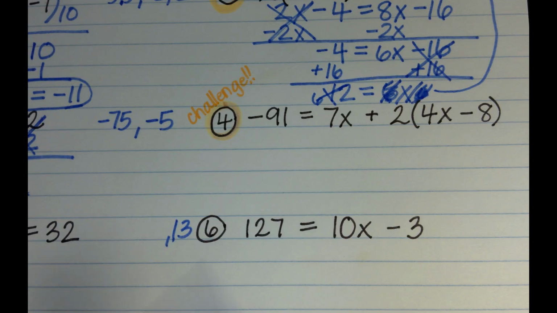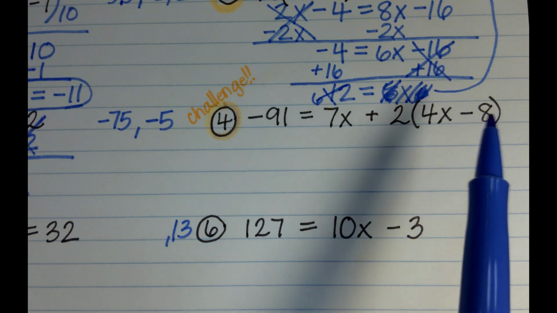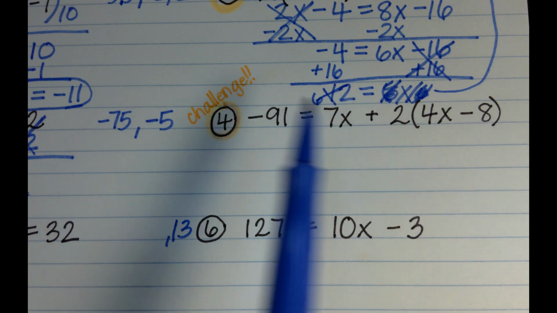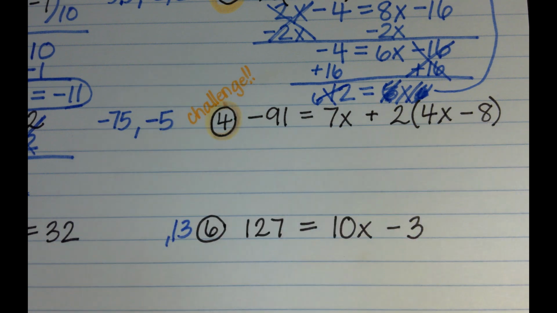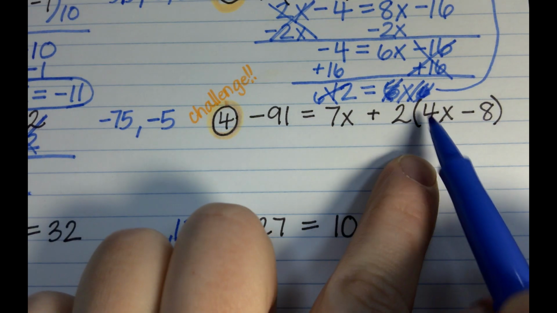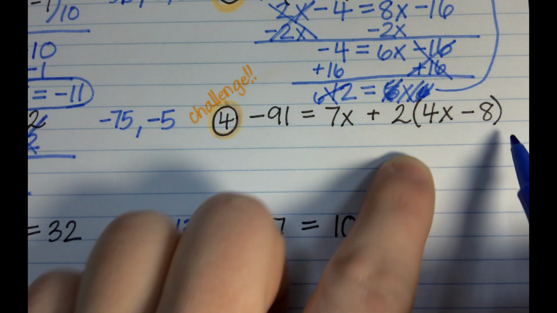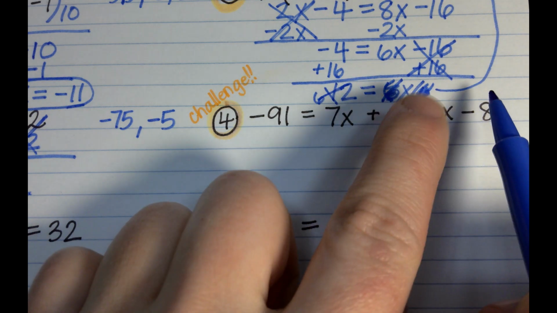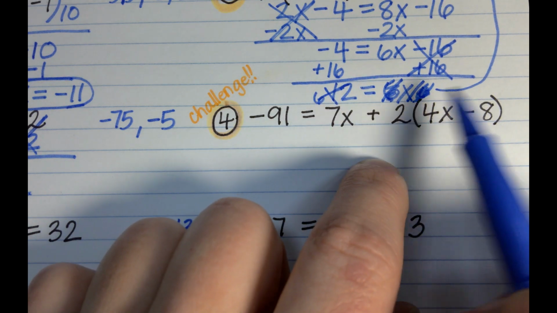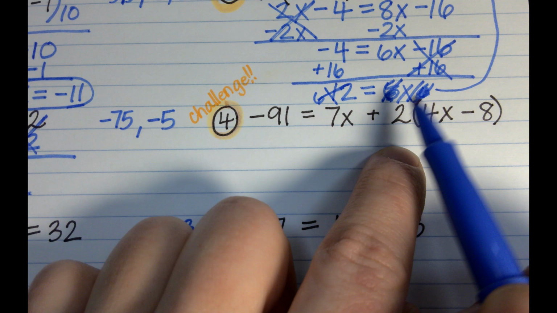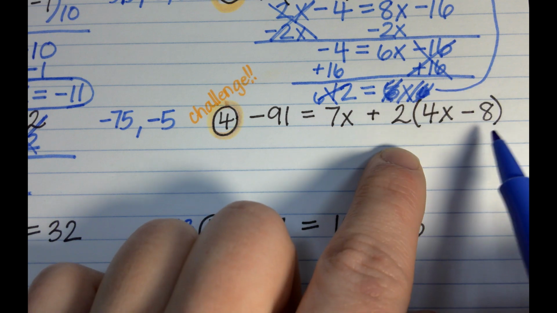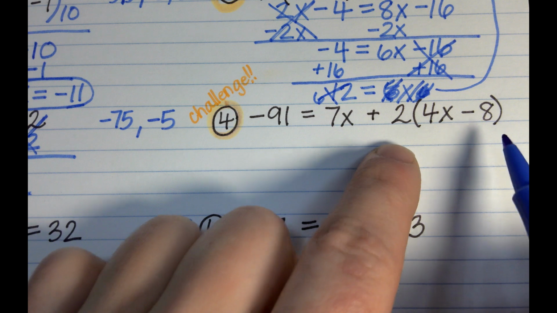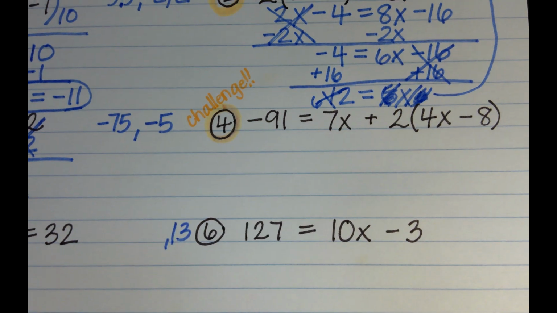So over here, there's really nothing we can add or subtract because this is inside parentheses. So whenever we have a distribution in our problem, where we have 2 times 4x and 2 times -8, we need to do that first. We need to get rid of our parentheses first.